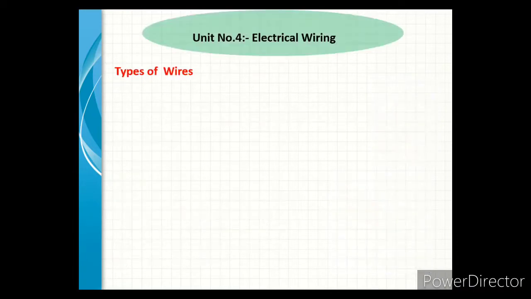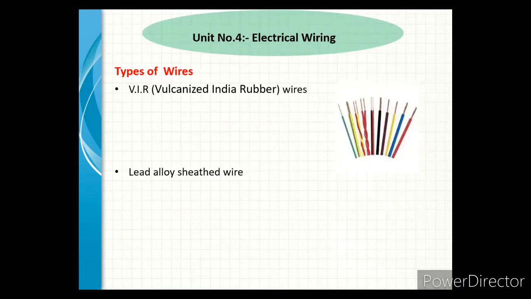Next, you see the types of wire. First type is VIR wire, vulcanized India rubber wire. Second type is lead alloy sheathed wire.